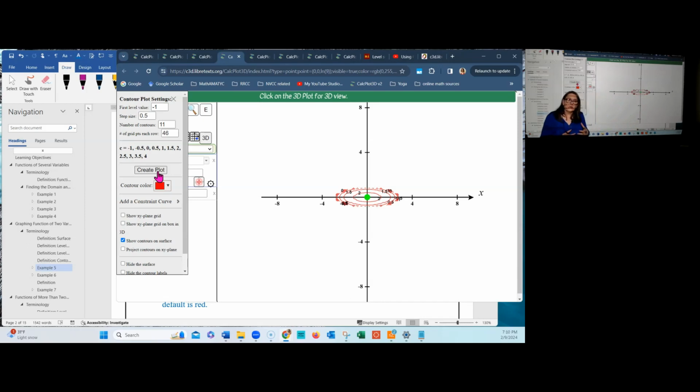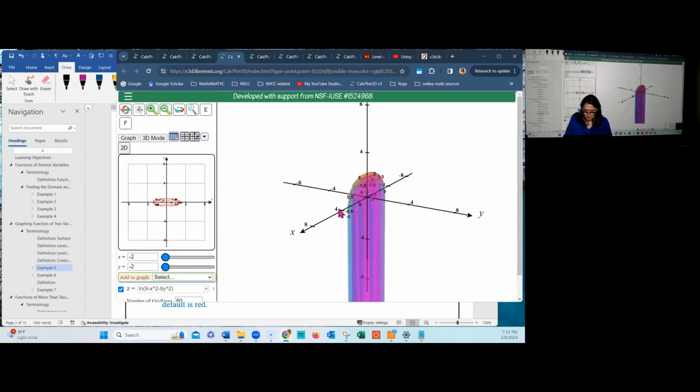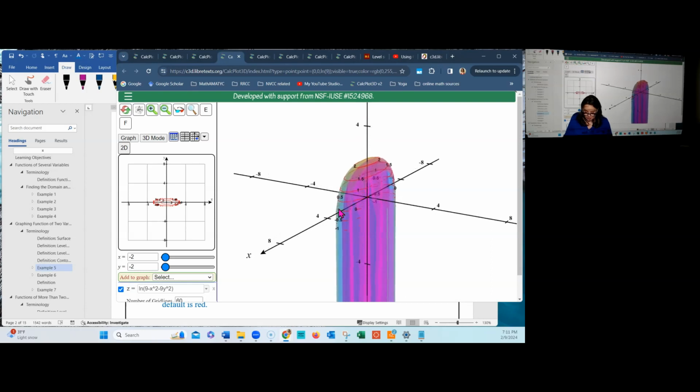Now, if you want to see where these contour lines are on the particular shape, move your cursor into the graphing region and click one time. When you do, you can see the curves right here. In this particular view, they'll probably show up better if we made them yellow. I'm going to scroll in so that you can see them.